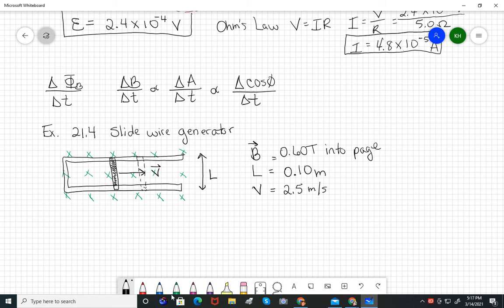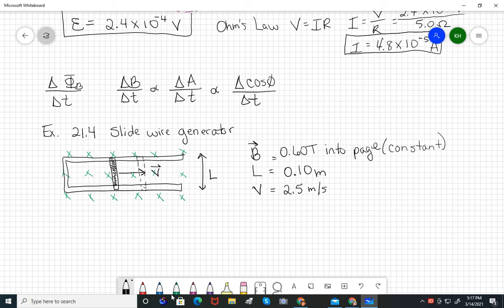meters per second. So if I look at this as a loop, you can see that the magnetic field is constant and it's not changing with time. You can also see that the length is in fact constant.